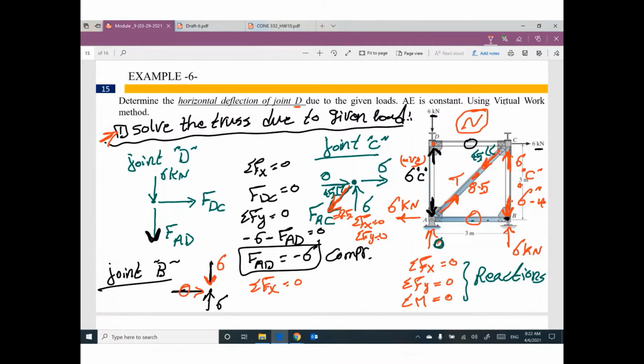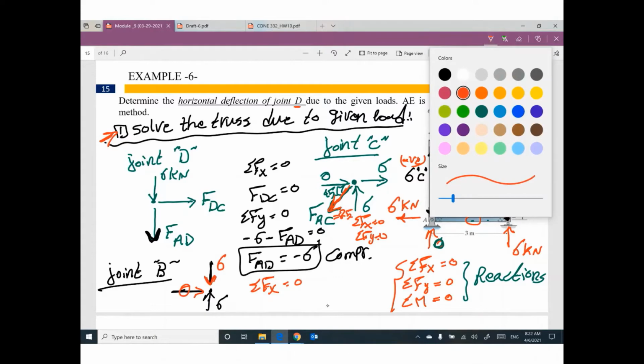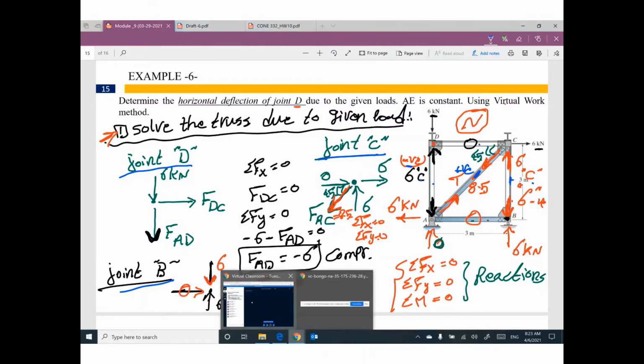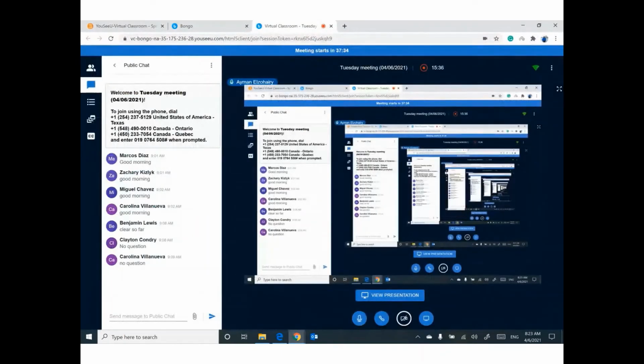So I started first with reactions, then I considered each joint, joint D, joint B, joint C, to figure out the internal force in each member. If your force is compression, it will be considered negative. If your force is tension, it will be considered positive. Any question so far? This is the first step only.